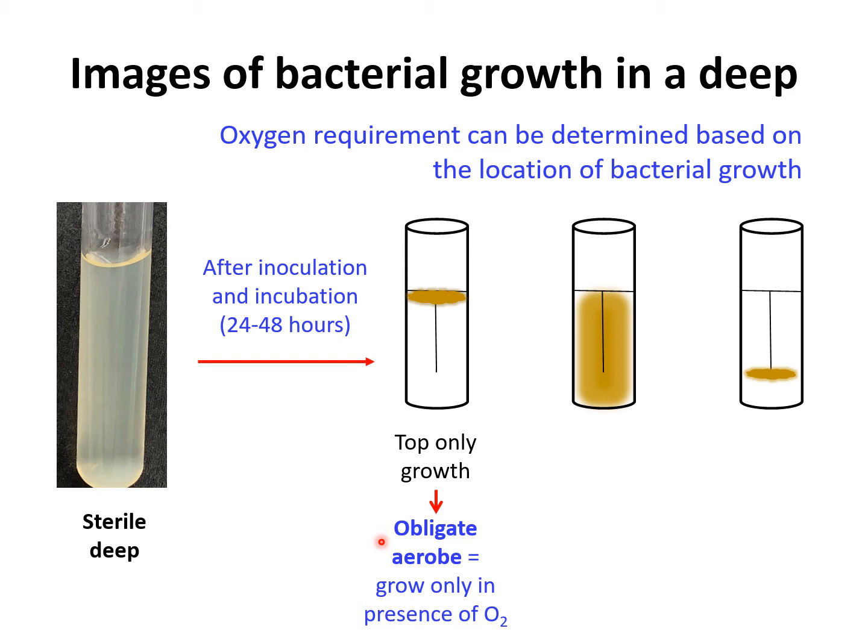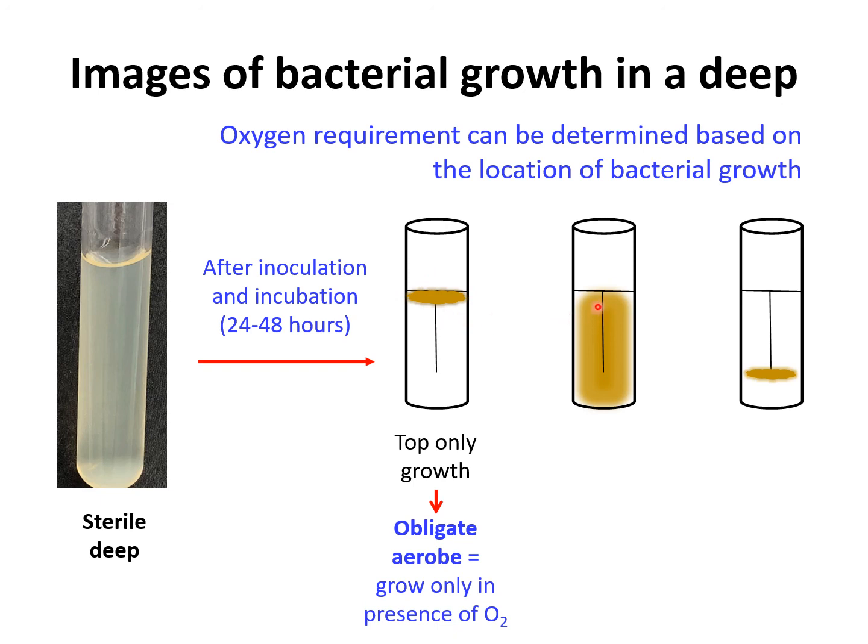It's not optional, it's a must. And so you're going to notice that obligate aerobes usually grow at the very top of your deep test tube. Why? Because this is where you're going to have the most oxygen, because it's closest to the top. So you're going to see them growing up here.